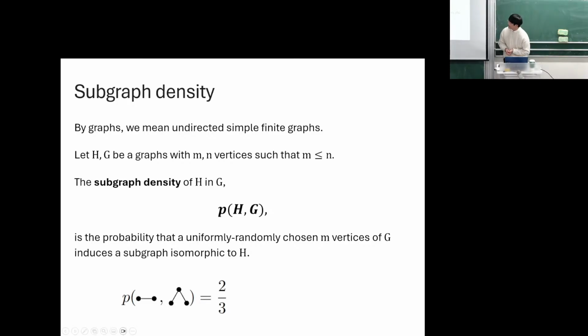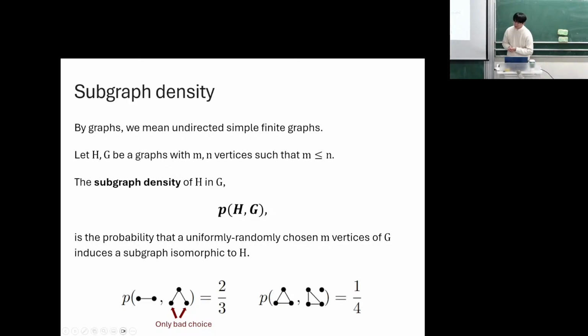For example, let's consider the case where H is an edge and G is a 3-vertex path. Then in G, there are 3 ways to choose 2 vertices. Among these cases, there is exactly one bad choice that induces a subgraph not isomorphic to H. Therefore, the subgraph density is 2/3.